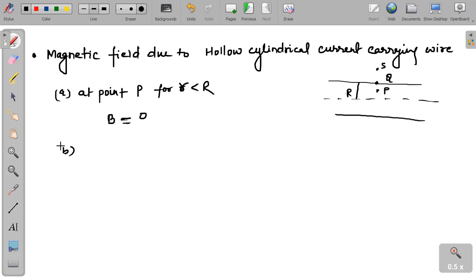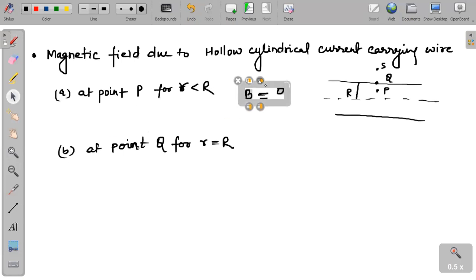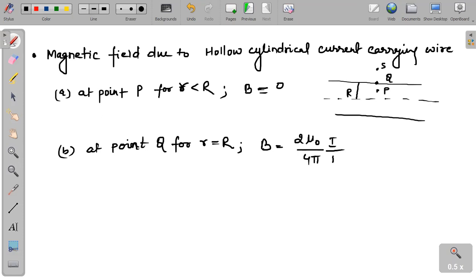B at point Q for small r equal to capital R, and this time B is going to be equal to 2 mu naught by 4 pi into I upon capital R.